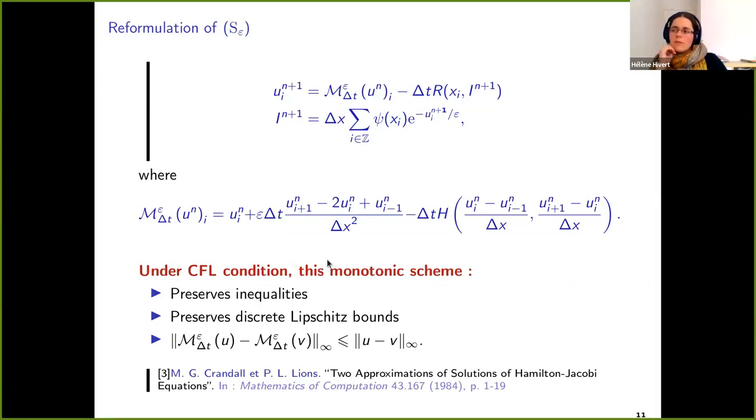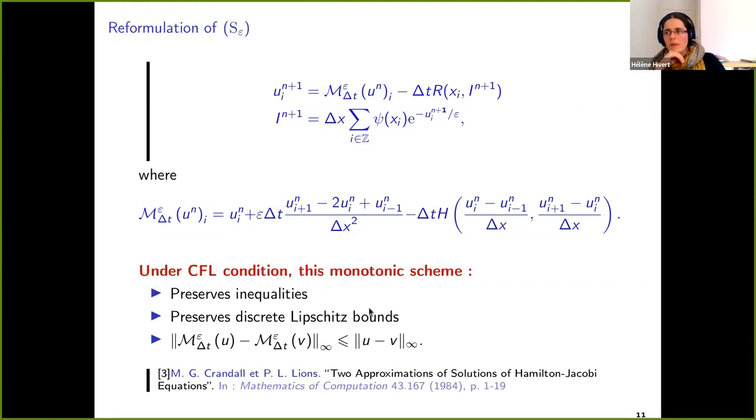Also, these monotonic schemes preserve discrete Lipschitz bounds. So meaning that if U enjoys a discrete Lipschitz bound, meaning that (U_i^n minus U_{i-1}^n) over dx is uniformly bounded, its image by M respects the same bound. And well, we are dealing with solutions which are not bounded in x, but if you consider two solutions whose difference is bounded, then their images by M also have this inequality.